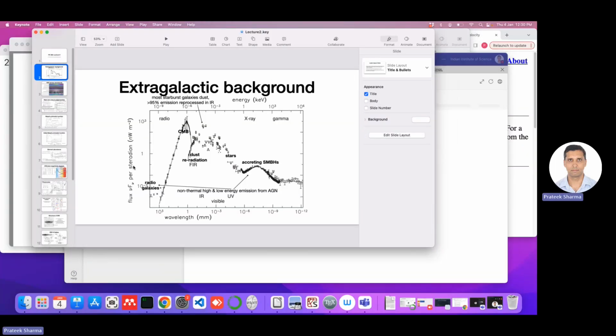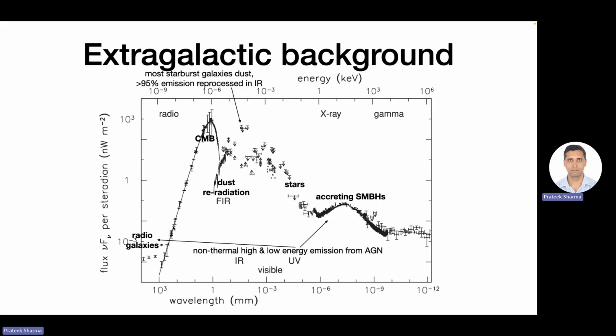Actually, nu F nu is nothing but flux in a logarithmic bin in frequency or wavelength. Of course, the x-axis here is wavelength. This is nu F nu.